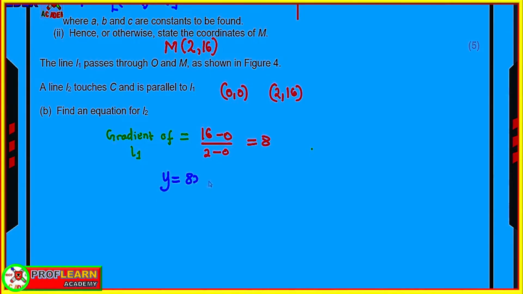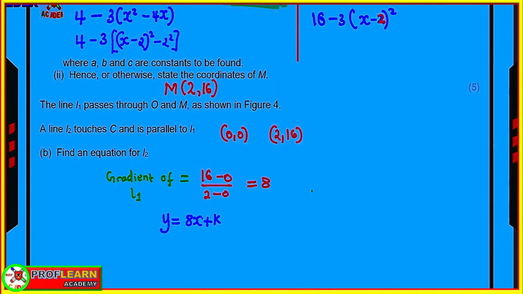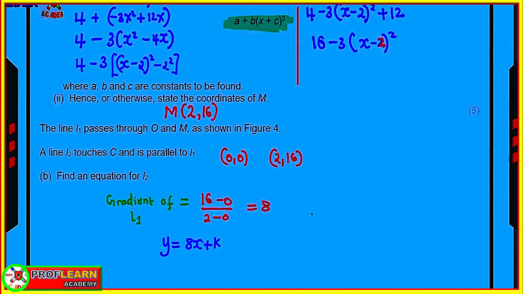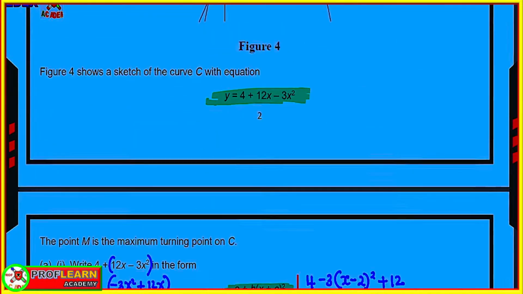So which will mean we can say this is y equals mx plus c, but we can now use k, just a constant, which we don't know. And also we are told that it touches C. If it touches C, it means it's a tangent to C. So if it's touching C, then we can equate this equation y equals 8x plus k to the quadratic equation so that we can solve them simultaneously.